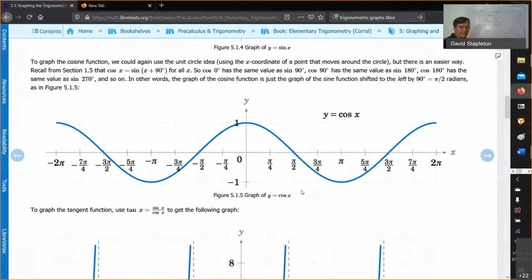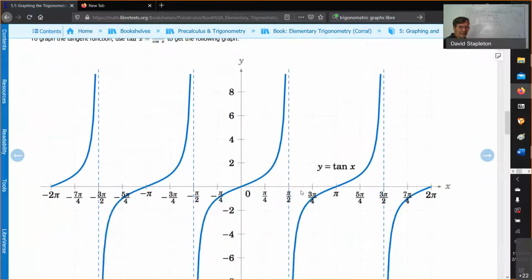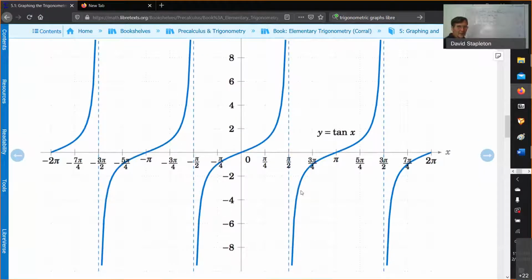Here's the tangent. This is what I really wanted to show you. You notice it has asymptotes at odd multiples of pi over 2. That's worth writing down. And crosses the x-axis at whole multiples of pi. Right? And it has these useful points.